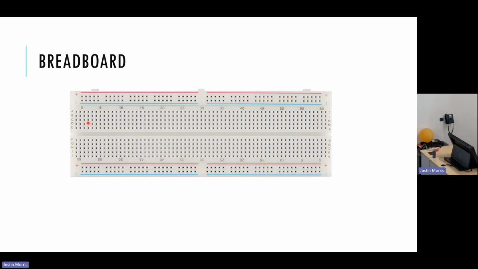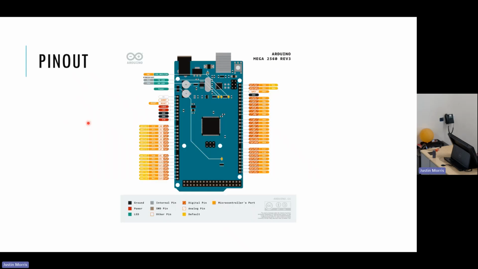And then the reason that we're going to be using mostly male to male is that on the Arduino side, all of these pins are, for our board, female. That's not the case for all Arduinos. Most of them actually are male-ended on the board, just because it's cheaper to manufacture that.